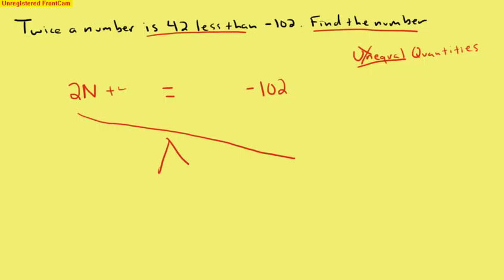But I have another choice. Since the left side is 42 less, that means the other side's 42 more, and so my other option is to subtract 42 from that side. Either way, I'm going to balance it out.